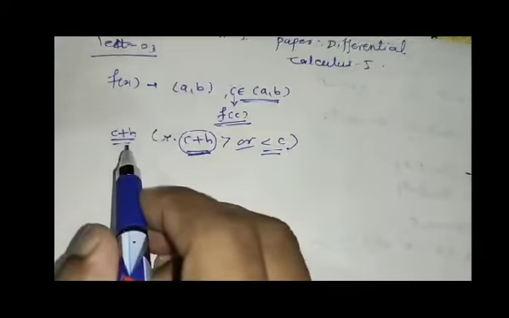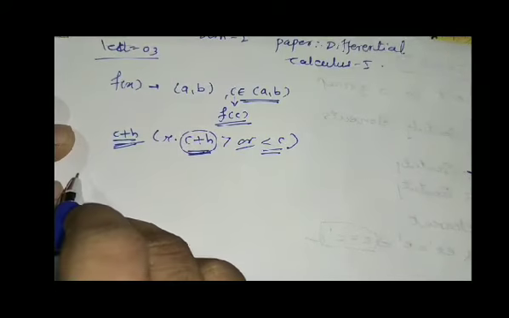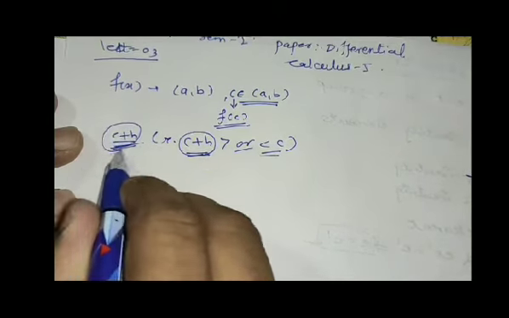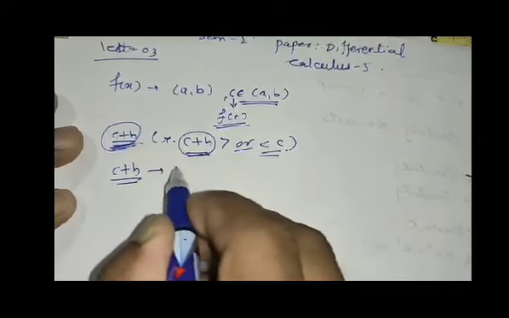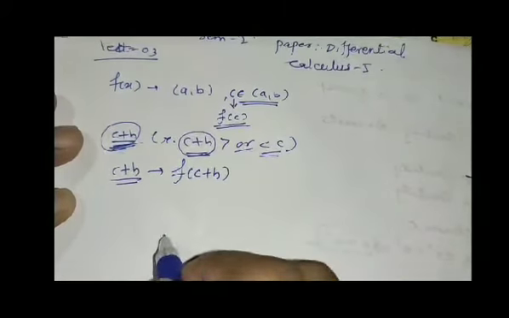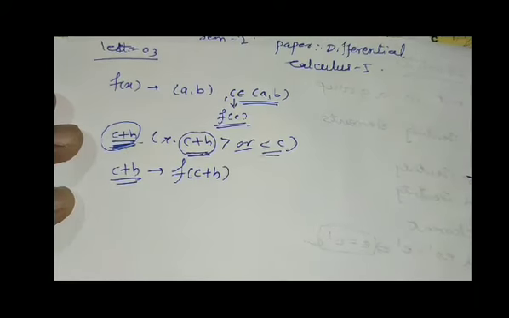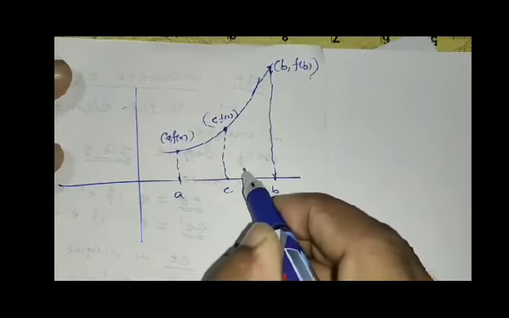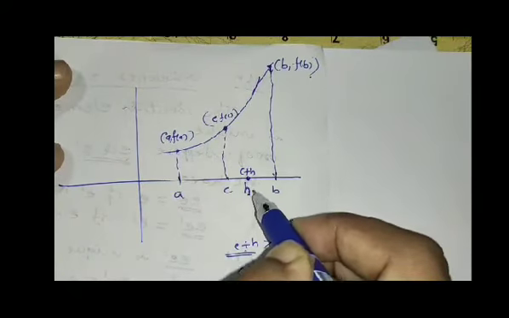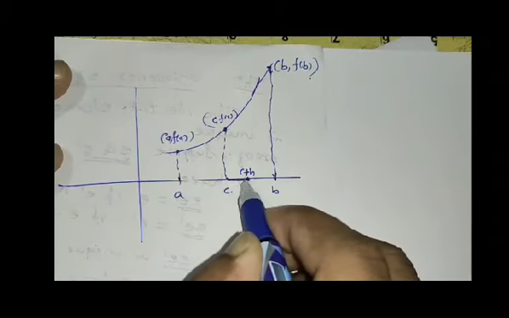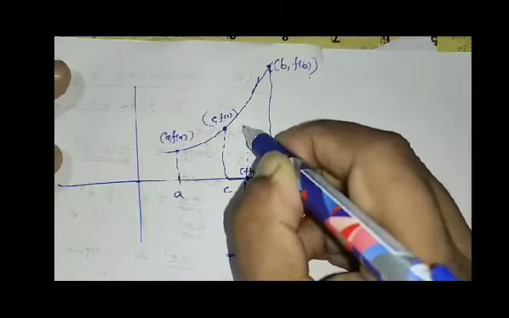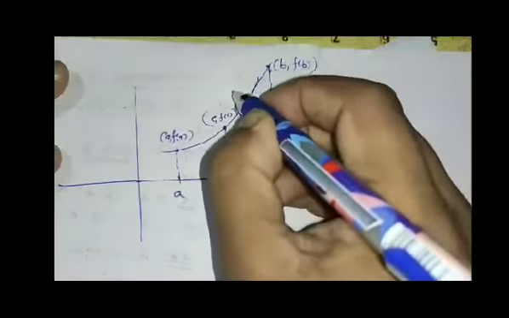So see here, c plus h, according as h is positive or negative, and the value of the function corresponding to it. If we take c plus h as an element of the domain, then its corresponding value is f of c plus h. So see here in the graph, after h distance this point from the origin is c plus h, and the value at c plus h is f of c plus h.